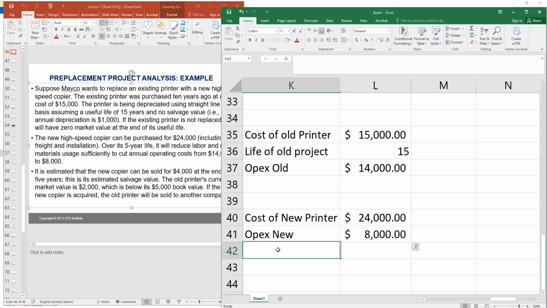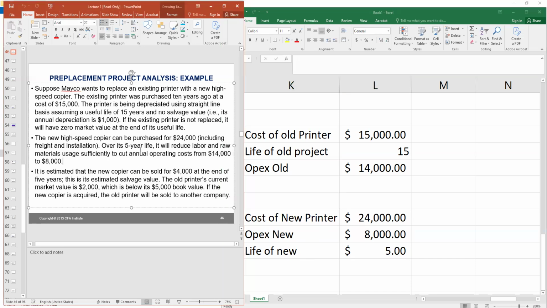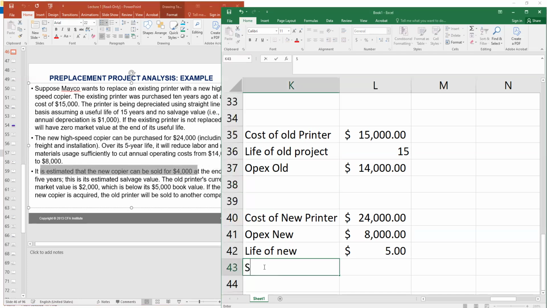And life of the new project. Life of new is 5. Okay. It will reduce the labor and raw materials. Okay. It is estimated that the new copier can be sold for 4,000 at the end of the 5th year. Okay. Which is the salvage value. Salvage value new is 4,000.